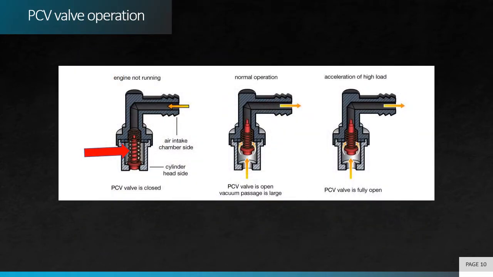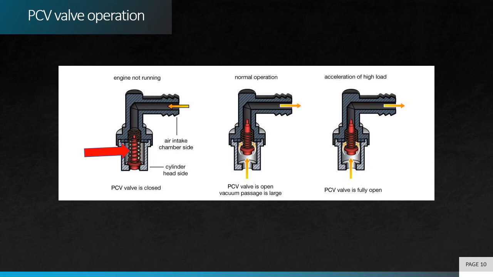How does the PCV valve operate? There are three different conditions: first, when the engine is not running; second, when the engine is in normal operation; and third, when the engine is under high load or acceleration. When the engine is not running, the PCV valve is always closed.